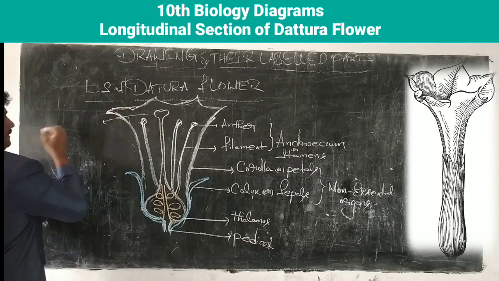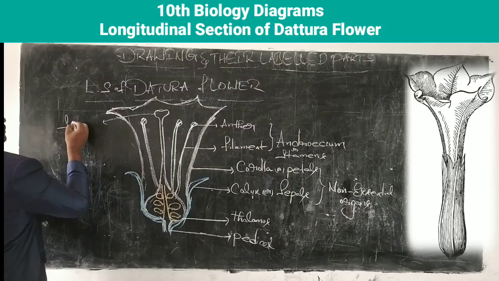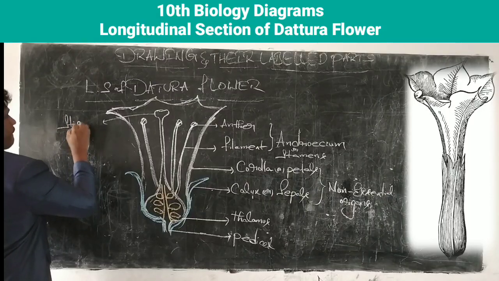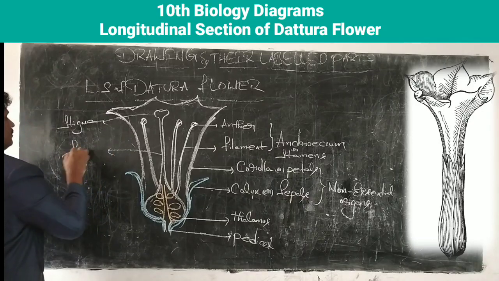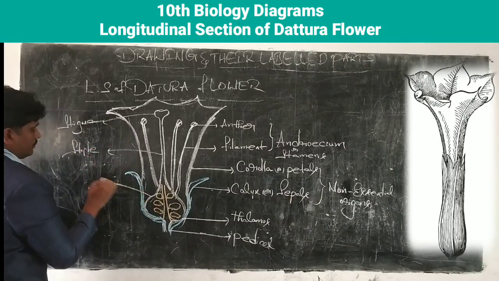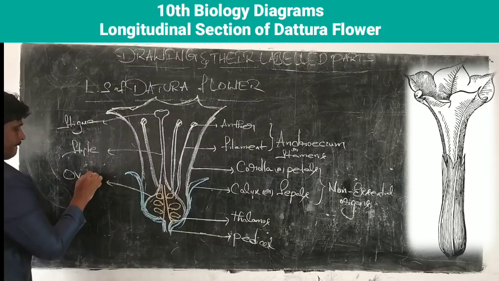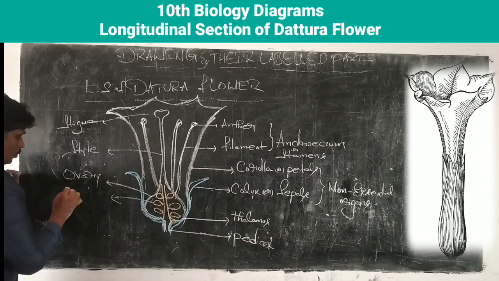The upper tip is said to be stigma. This is said to be style. This is said to be ovary. This is said to be ovules.